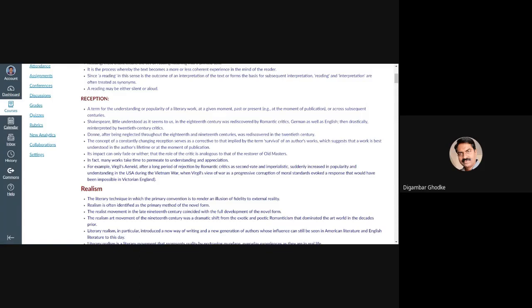For example, Shakespeare was little understood in the 18th century, but he was rediscovered by romantic critics. These critics include both German and English. And Shakespeare was drastically reinterpreted by the critics in the 20th century.